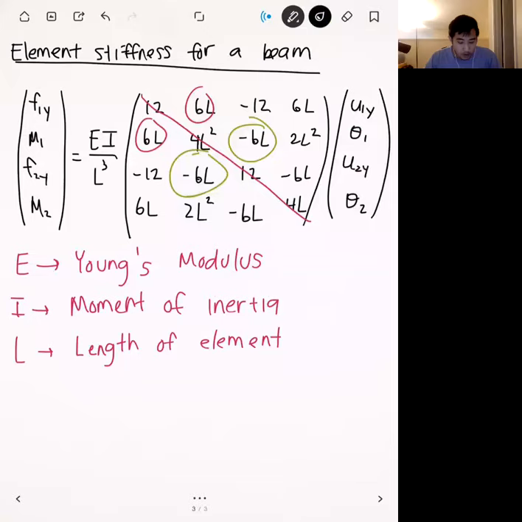And so before I move forward, I do want to address something else too, because this is a question I got on the most recent homework. The question is, how do I know which element stiffness matrix to use? Should I use the one for the beam, or should I use the one for the truss?